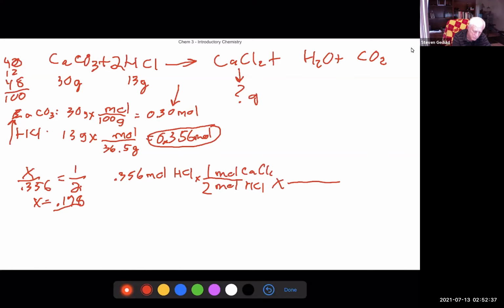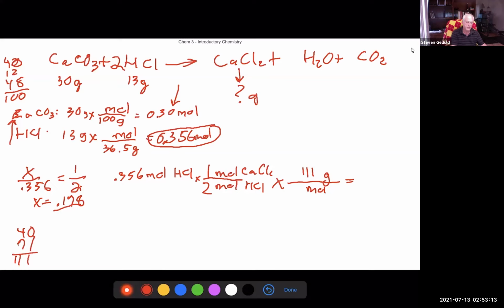And then grams of calcium chloride: calcium is 40, chlorine is 35.5. I keep drawing a blank. 35.5, so 71. 71 grams of chlorine comes out to 111 grams of calcium chloride.